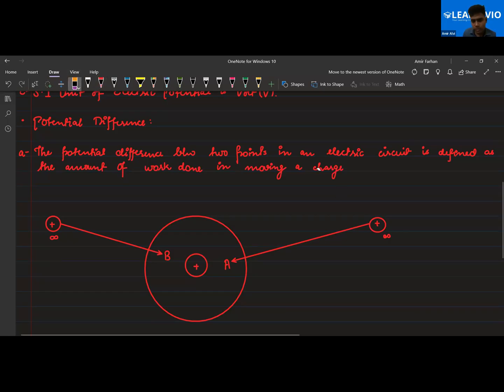Let's say unit charge, because we are using the unit thing. Unit charge from one point to the other point.